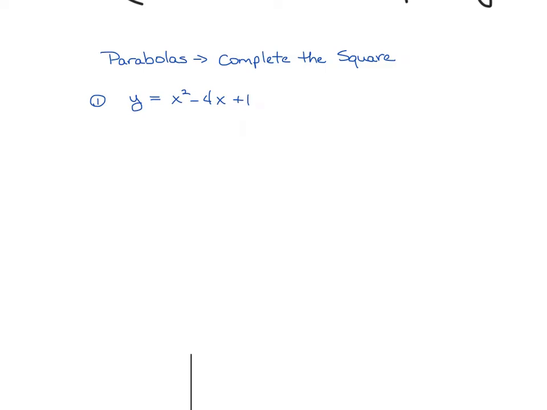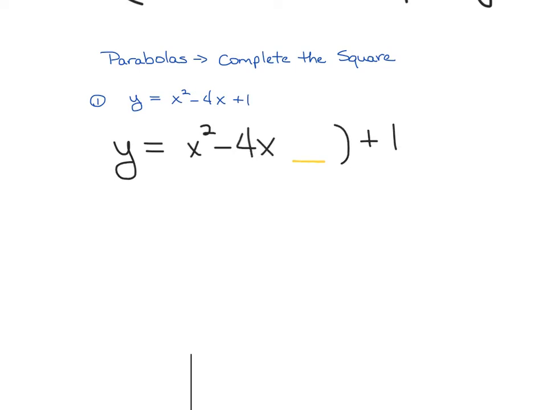I'm going to rewrite it, and I'm going to leave like a gap. So I'm going to go ahead and do y equals, and then I'm going to have x squared minus 4x. I'm going to leave a little bit of a space here, and then close the parentheses, and then I'm going to write the plus 1 over here.